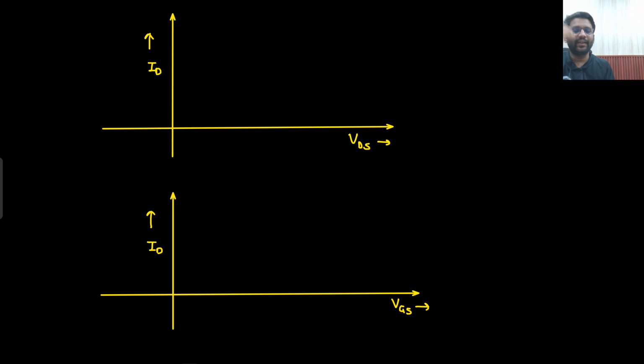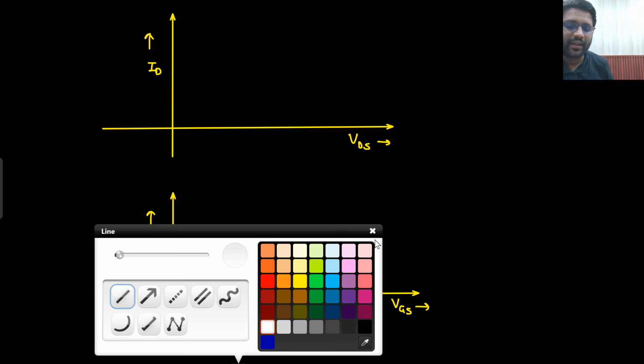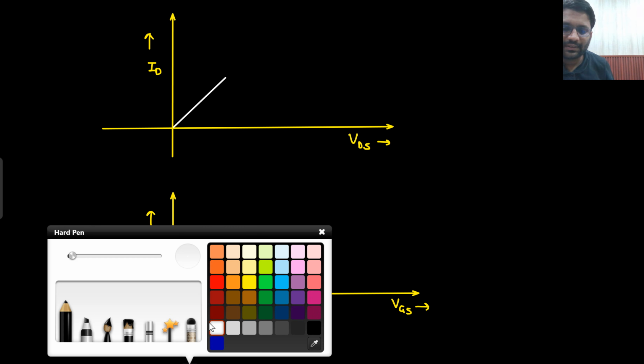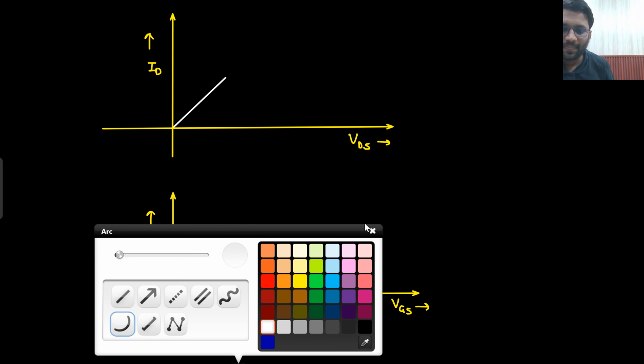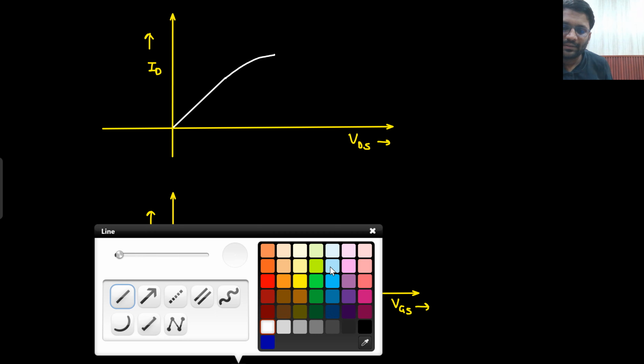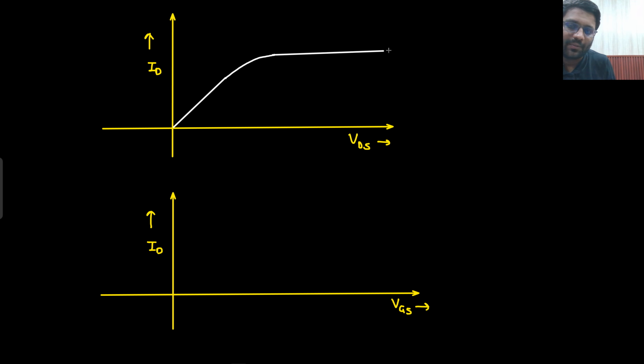Now we will draw the ID versus VDS plot and ID versus VGS plot. So what kind of ID versus VDS plot are you getting for a fixed VGS? For a fixed VGS, sir, this kind of plot I was getting. And there you go.